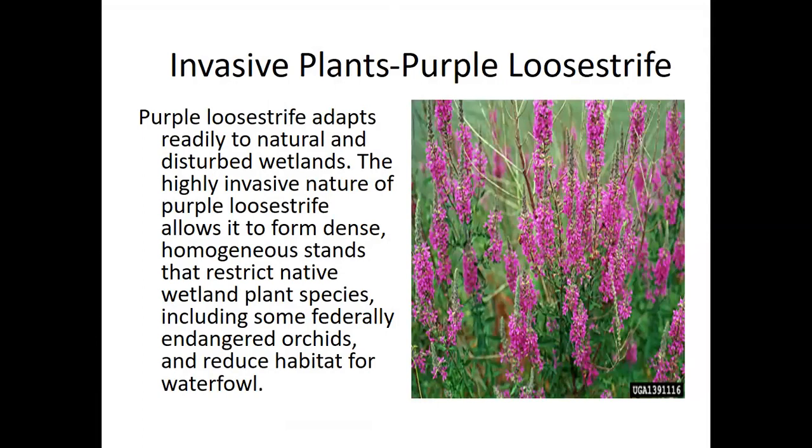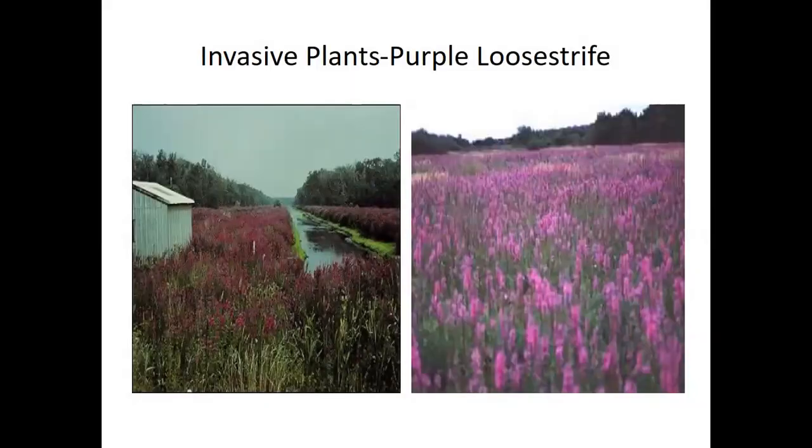Purple loosestrife is another invasive plant. It particularly likes wetlands, and its highly invasive nature allows it to form dense, homogeneous stands. A lot of these wetlands, of course, are habitats for waterfowl or rare plants. As you can see, large areas are overrun by purple loosestrife.